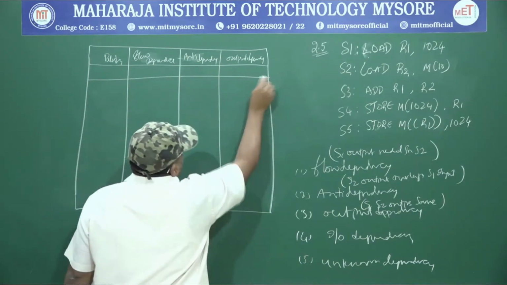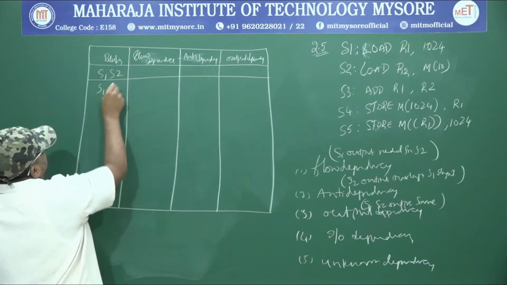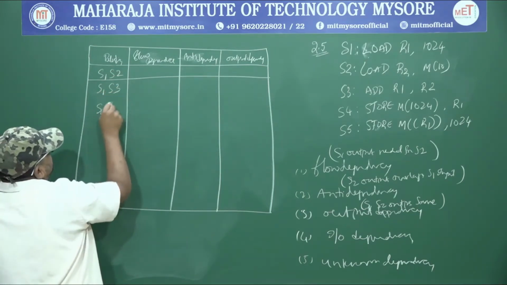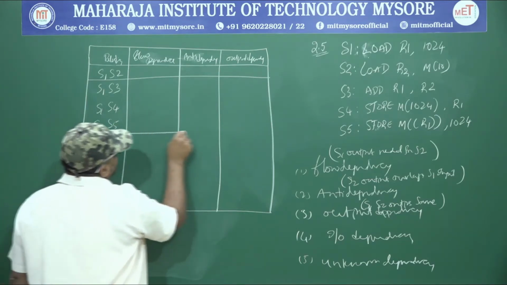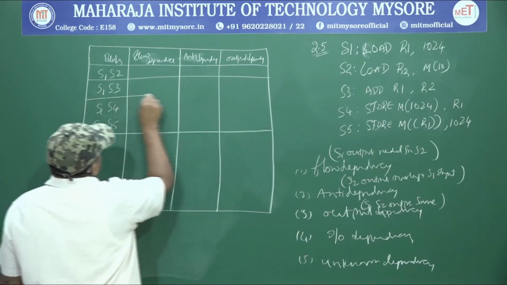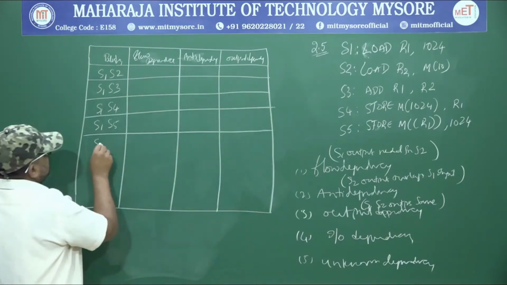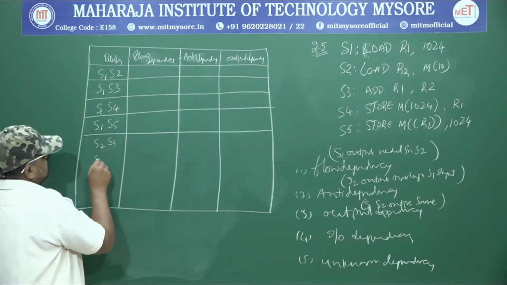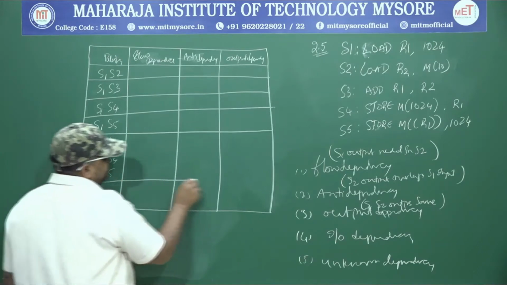And similarly, it is going to be S1, S2, again S1, S3, S1, S4, S1, S5. Similarly, S2, S3, S2, S4, S2, S5.